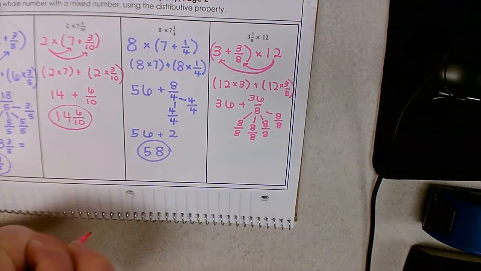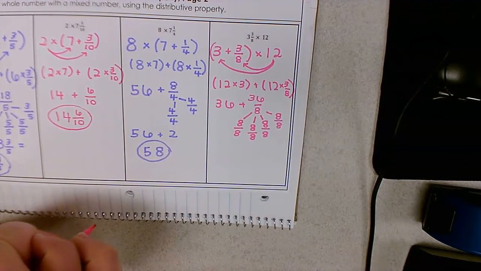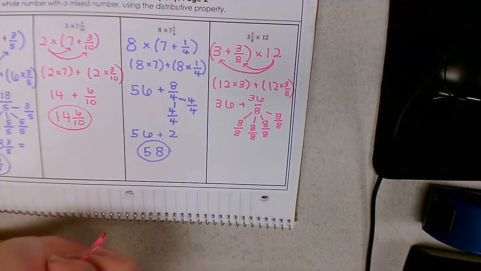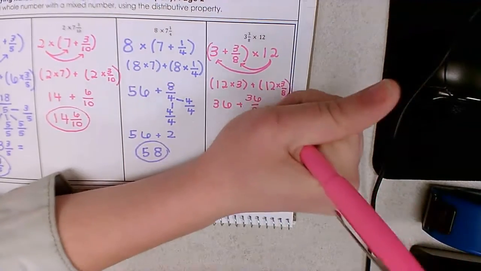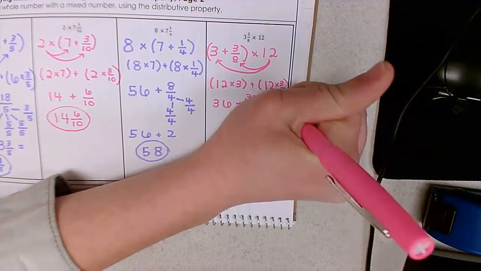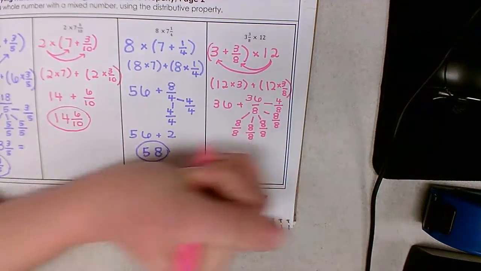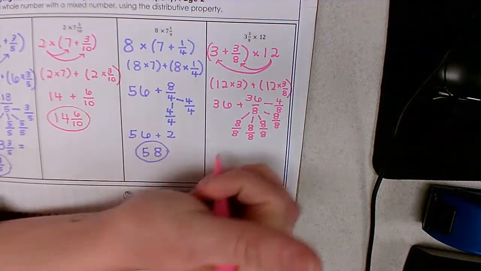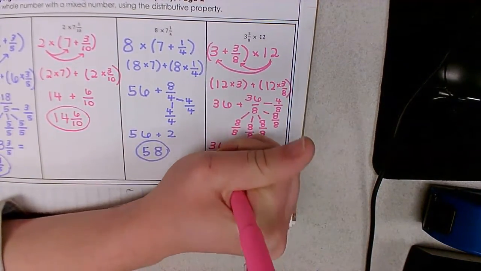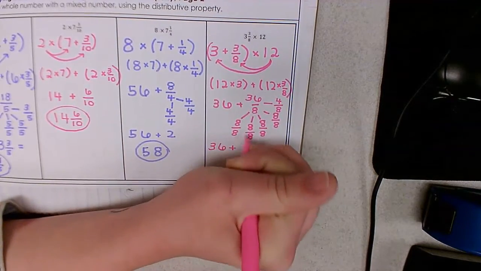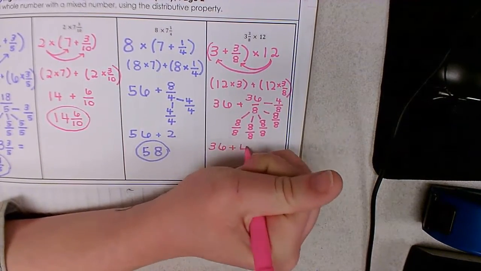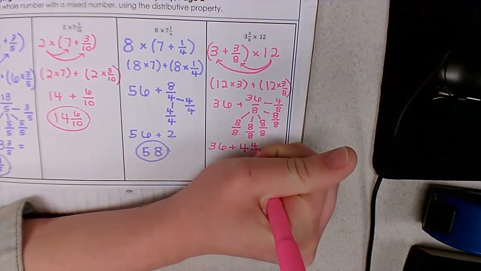If I pull out another group of 8/8, that'll take me to 40, which is too far. So far I've pulled out 32 out of 36, which means I can only pull out 4 more. So I can rewrite 36/8 as 1, 2, 3, 4, and 4/8.